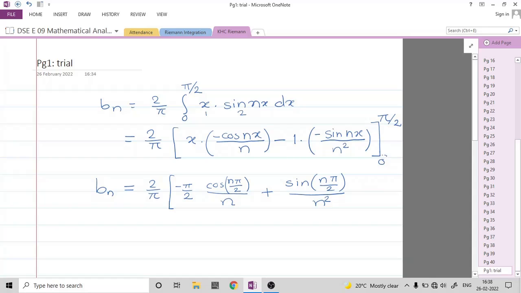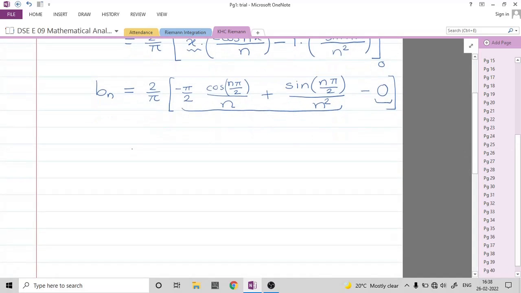And when we put lower limit 0, this x makes first term 0, and when you put x is equal to 0 in second term, there is sin nx term, so sin 0 is 0, which makes second term also 0. So for lower limit we get 0. So this part is upper limit minus this part is lower limit, upper minus lower.